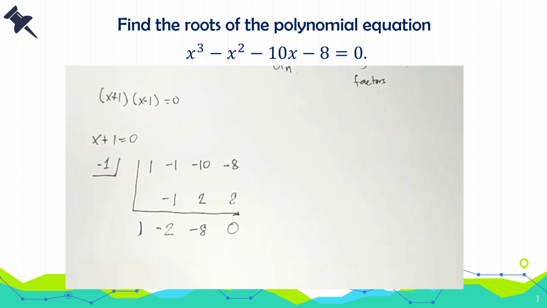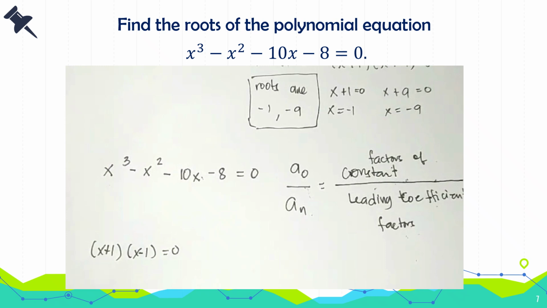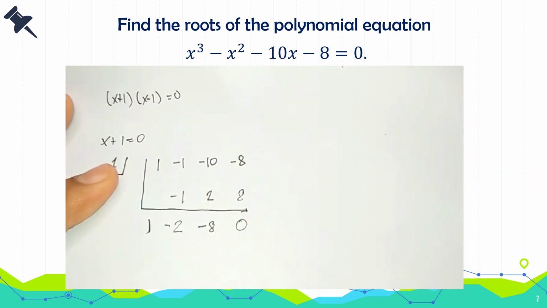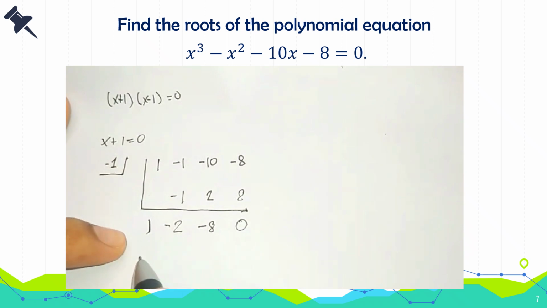Now let's rewrite. Since the given starts with x raised to 3, the answer will be x squared minus 2x minus 8, our constant here being negative 8.